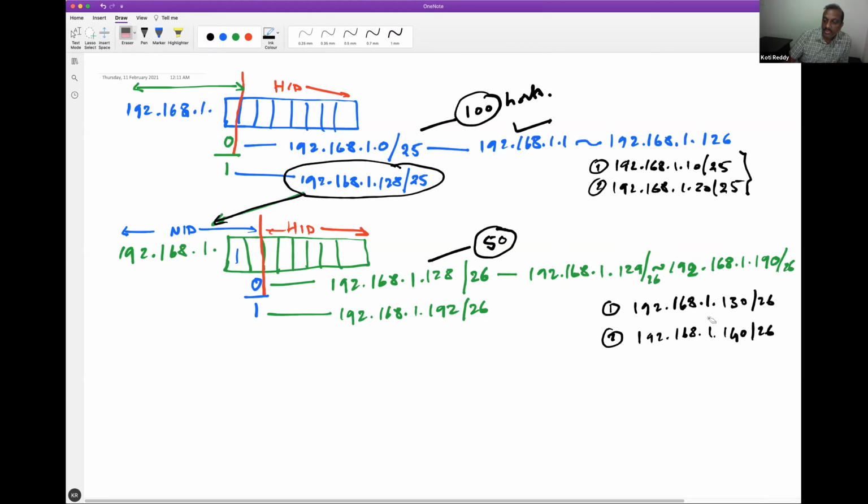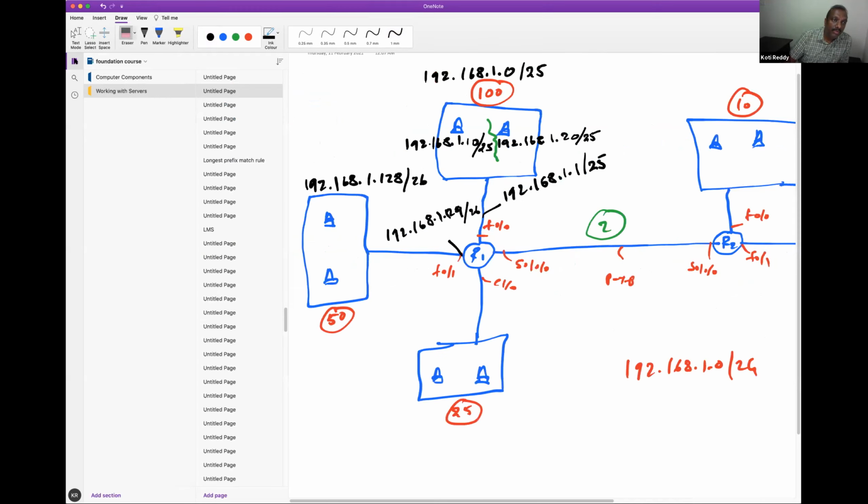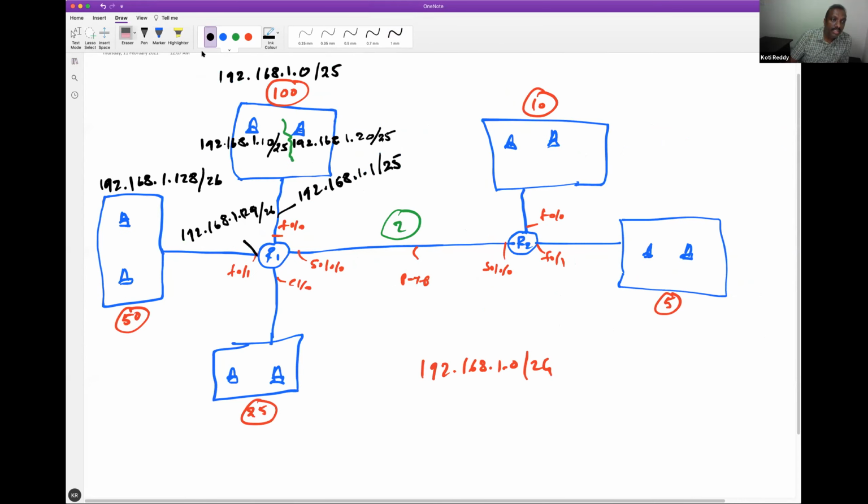So let us take these two addresses, 1.130 and 1.140: 192.168.1.130 slash 26 and 192.168.1.140 slash 26. These are two addresses for the network ID, right? I can choose like this.